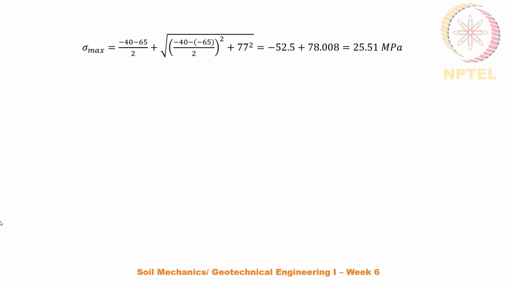Substituting the values, we have sigma max is equal to minus 40 minus 65 by 2, that is sigma x plus sigma y by 2, plus square root of minus 40 minus of minus 65 by 2 the whole square plus 77 square, which will give us 25.51 megapascal.